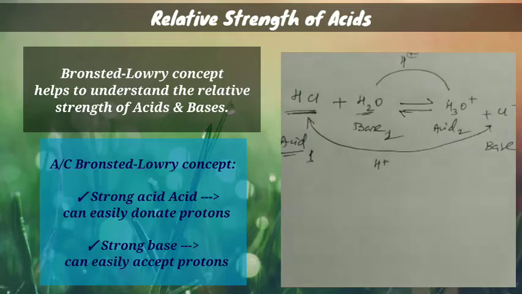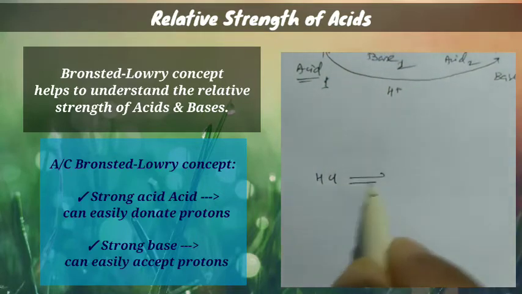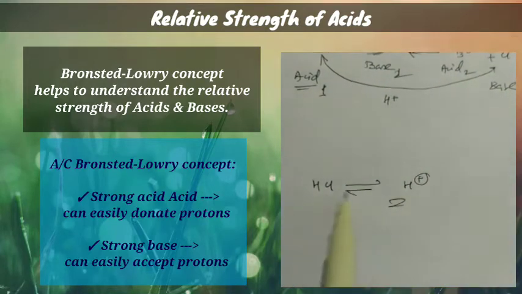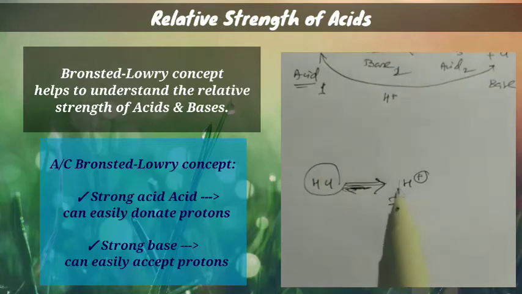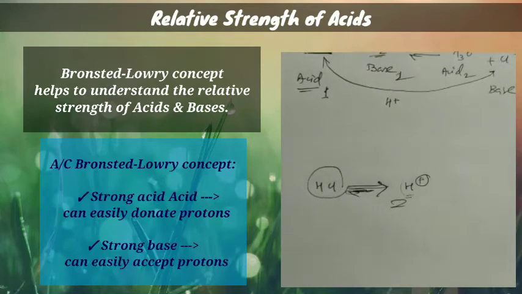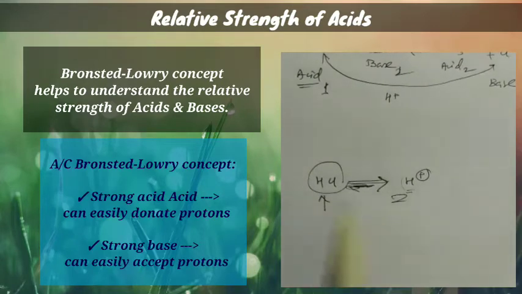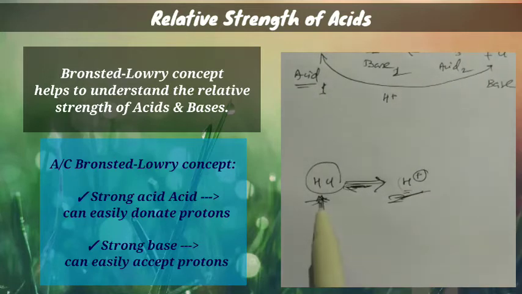It depends upon how fast the acid will give this H+ ion to the other solvent or some other base. If the acid can easily generate this H+ ion, then the acidic strength of this one will be high, understand?